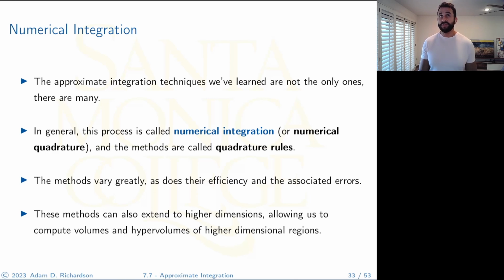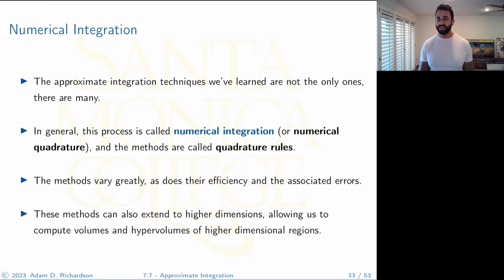The one thing you want to take away from this is that these are not the only ways to find the area under a curve. These are the ones that we've learned. There are many different ways, and the methods vary greatly, as does their efficiency and the associated errors.